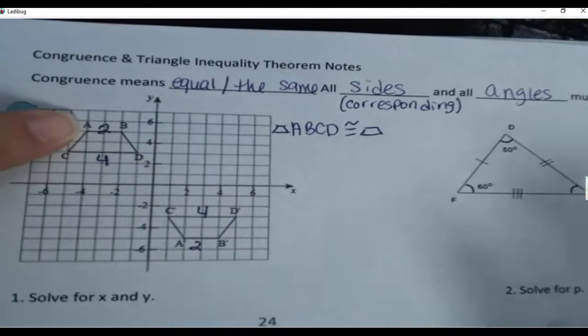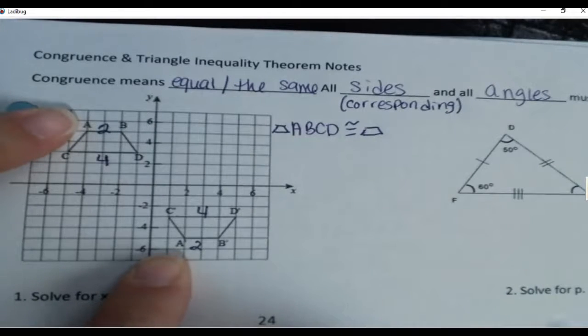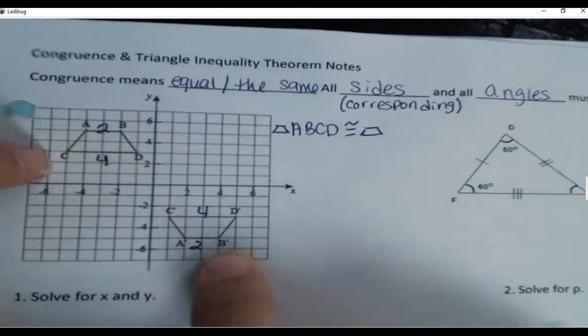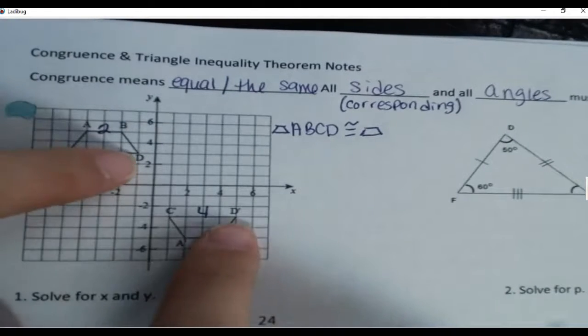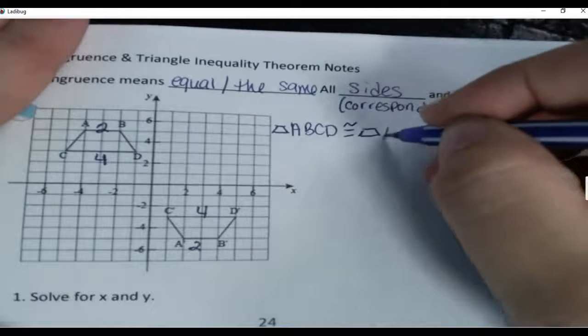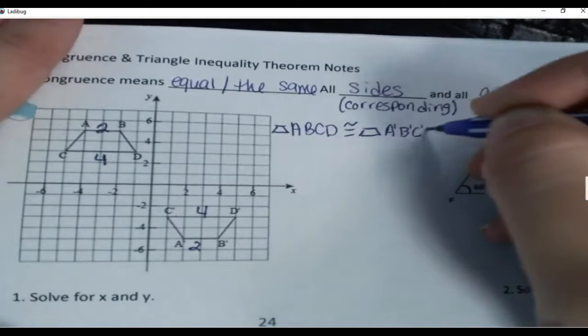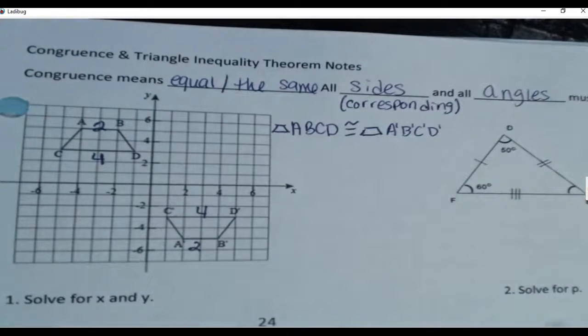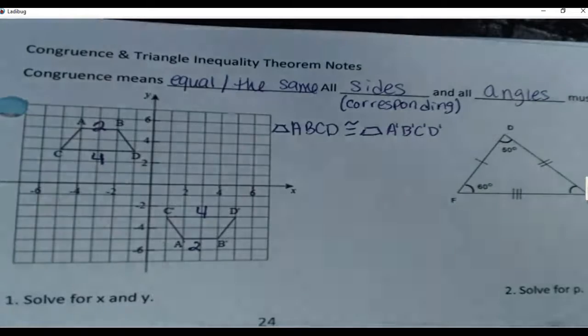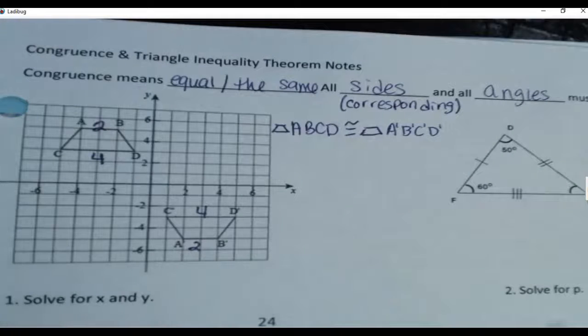So angle A matches angle A prime. Angle B matches B prime. C matches C prime, and D matches D prime. So I need to say trapezoid A prime, B prime, C prime, D prime. Okay. So the first order doesn't matter, you put it in whatever order you want to. But the second order, you have to make sure that you're matching those angles. Okay.